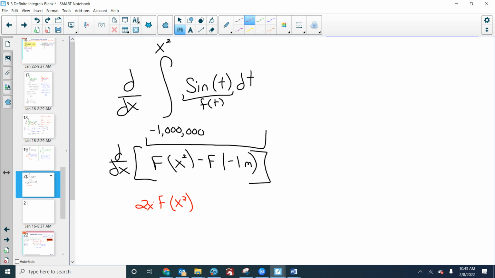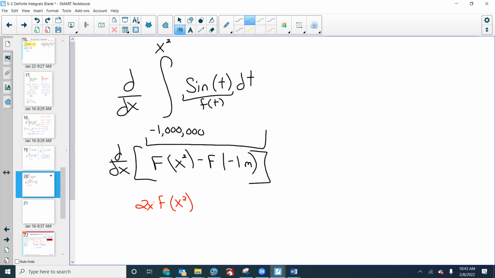Ready? What's the derivative of capital F of negative 1 million? 0. This is not my answer. This tells me how to get my answer. Before it told me just write little f of x, in other words, that thing with an x in it. This tells me write that thing with an x squared in it with a 2x out front.